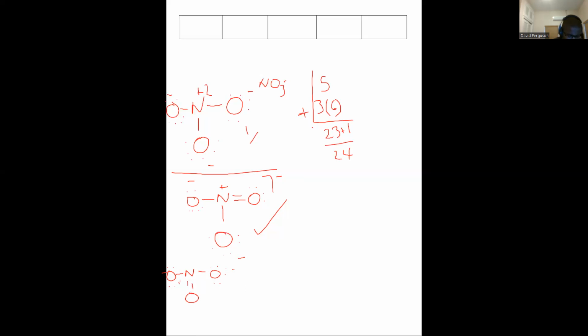Same nitrogen, the same formal charge, with the double bond changing position. So as you can see, that's a resonance structure, that's a resonance structure, this is a resonance structure. There are several you can draw. However, the best structure is one that minimizes formal charge and obeys the octet rule. You want to make sure you hit all of those criteria when you're drawing resonance structures.